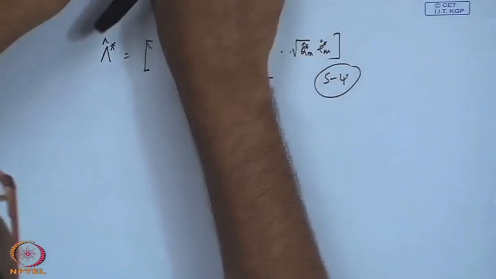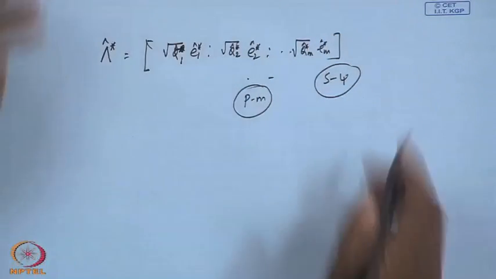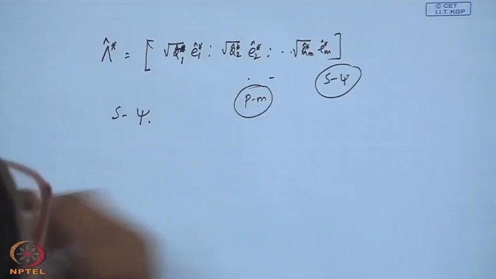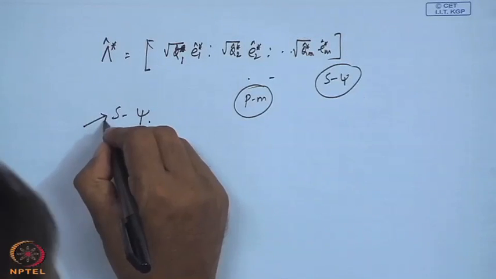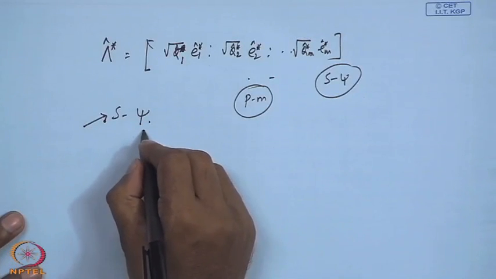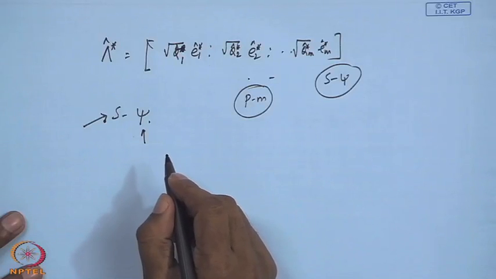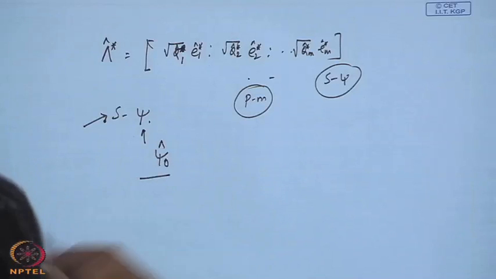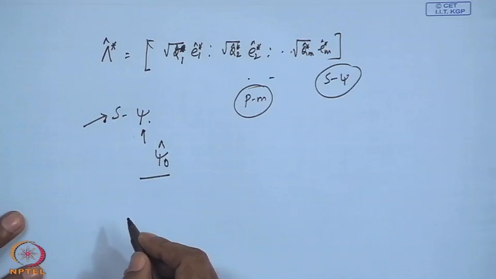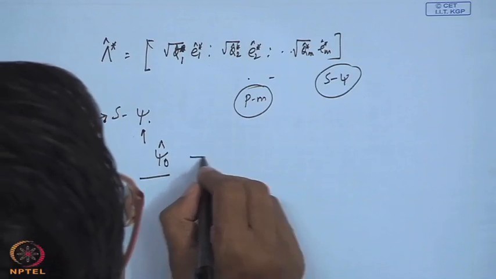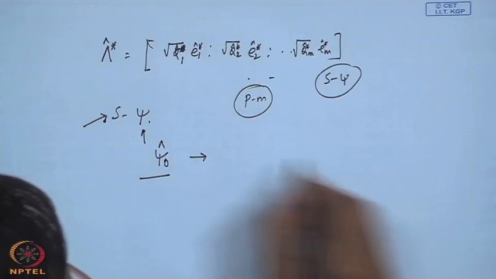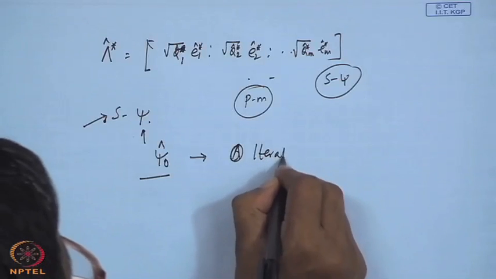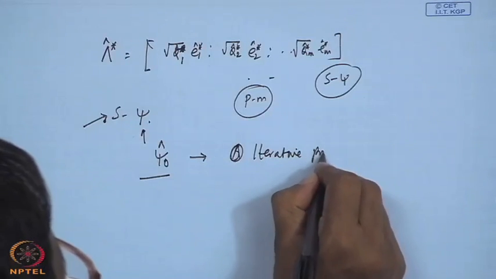So this is the second method, but please keep in mind that in the second method you are factorizing S minus psi. You know the value of S, but you don't know the value of psi. So you have to initialize psi, that is psi 0. It is an iterative procedure, please keep this in mind.